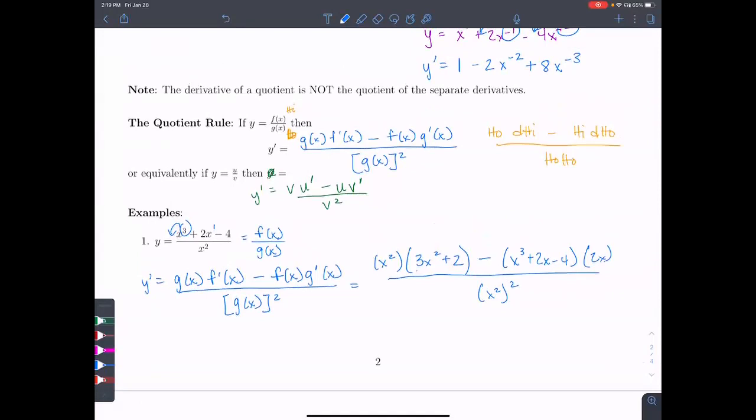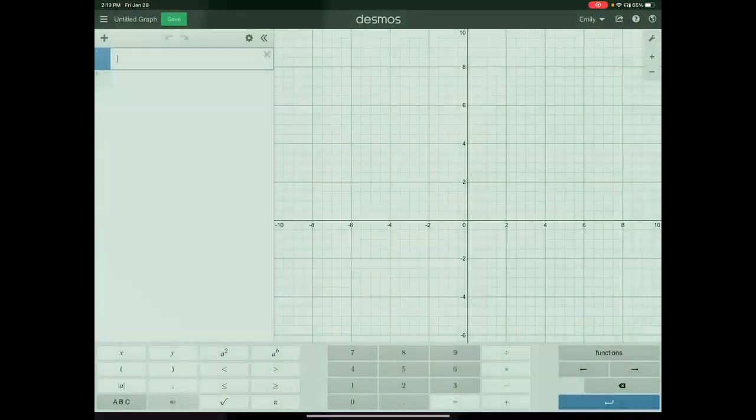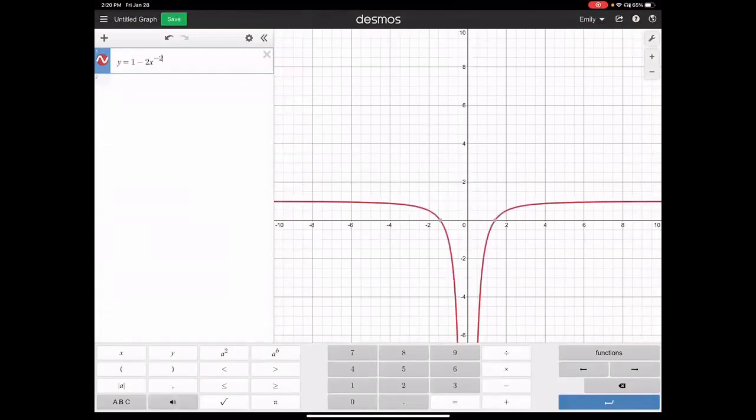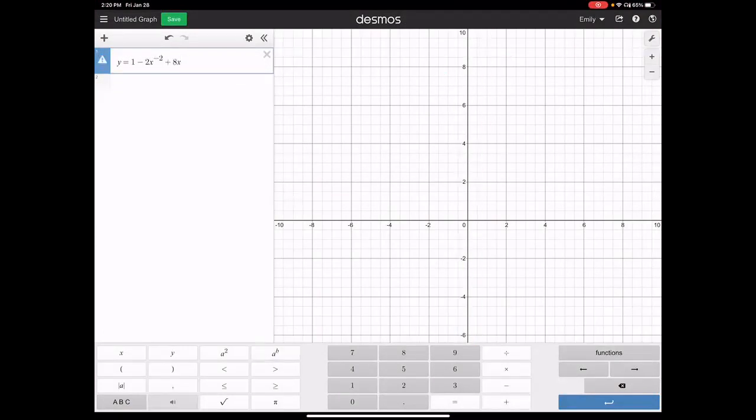I don't want to do the math to figure out if those are the same. We could graph it and look. Let's do that. Okay, so if we go to Desmos and graph those and make sure they look the same, y equals the way we did the derivative with the power rule, I have 1 minus 2x to the negative 2, and then plus 8x to the negative 3.